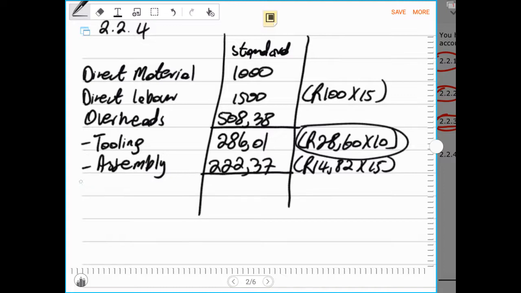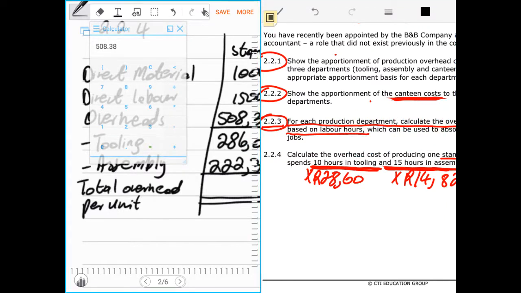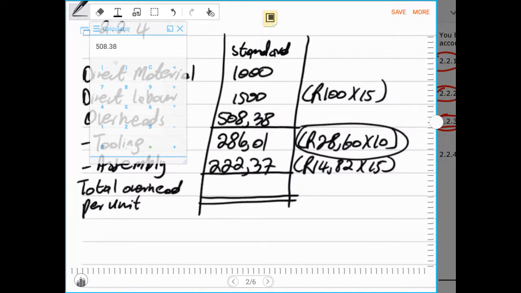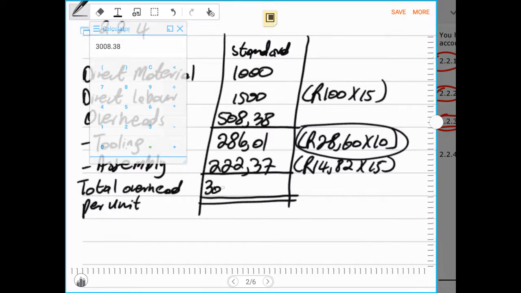So now our total cost per unit will be the total here at the bottom, and that total will be calculated by saying 508.38 plus 1,000 of direct material plus 1,500 of direct labor, and it will be 3,008 rand 38 cents.